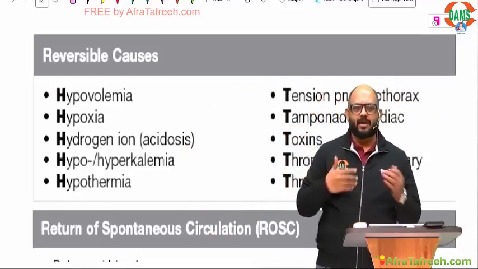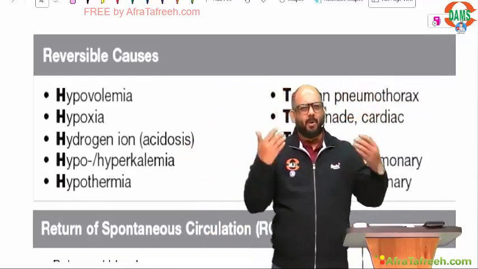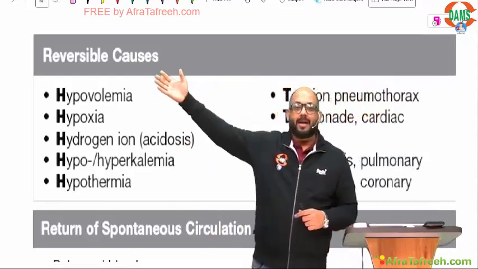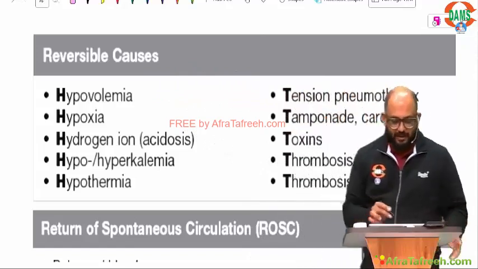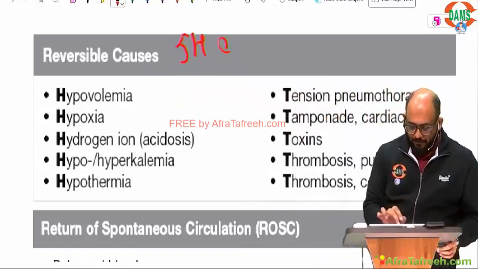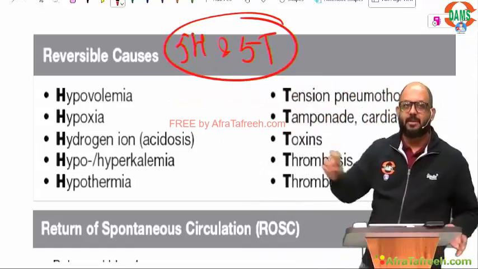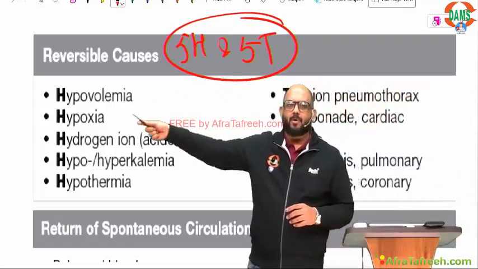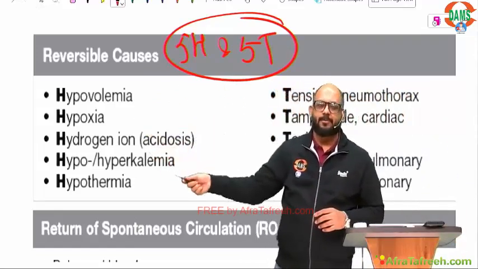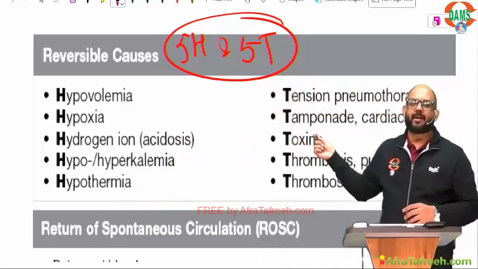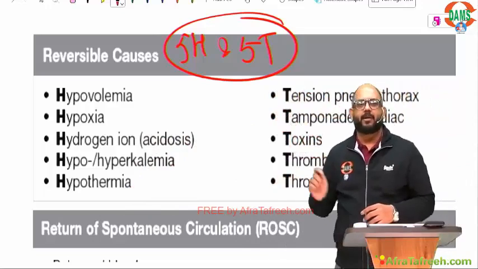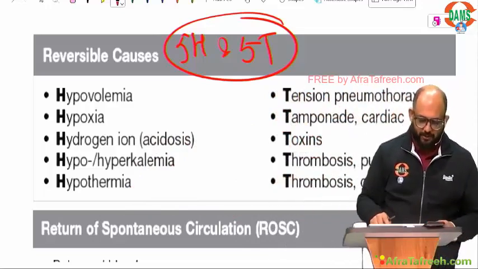So he will start taking history, looking at patient's age, whatever information he can gather, and try and rule out the 5H and 5T, that are the 10 reversible causes of cardiac arrest. That is hypovolemia, hypoxia, hydrogen ion or acidosis, hyperkalemia, hypothermia, and T: tension pneumothorax, cardiac tamponade, toxins, pulmonary and coronary thrombosis. Okay.